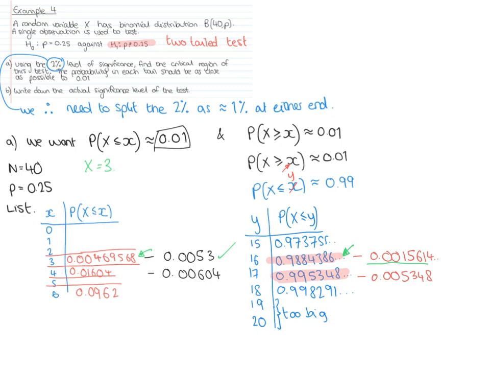So we know that the one that's closest to 0.99 is the probability of x being less than or equal to 16. So therefore, the critical value we want is the probability of x being greater than or equal to 17. So 17 is our critical value at the top.